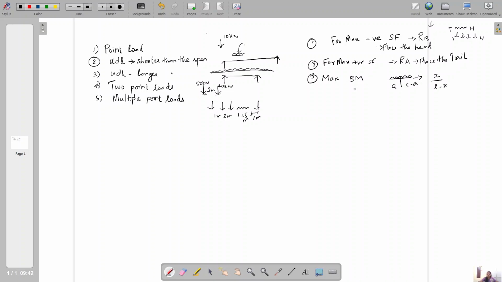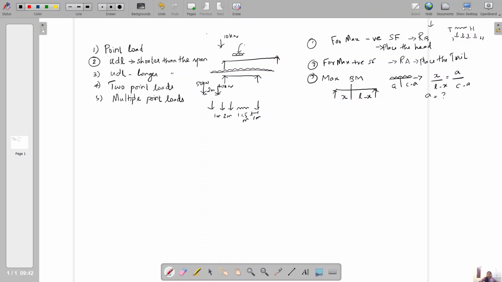We have already seen this criteria. If the section divides the beam in the ratio of x and L minus x, the same ratio we have to divide the loading by considering some unknown distance A. So A and C minus A. From this, you can find out the A value.